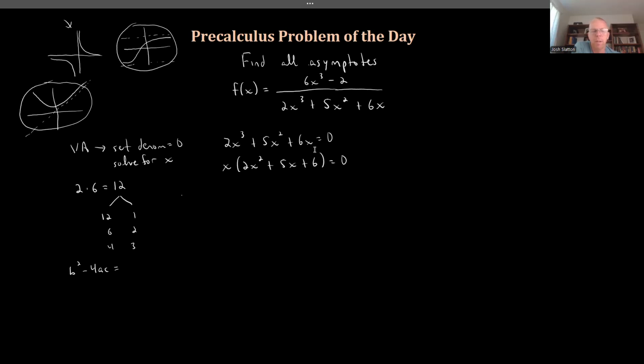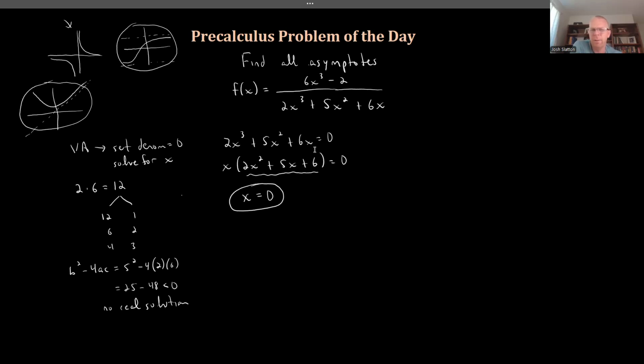So the discriminant would be 5 squared, where a is 2, b is 5, c is 6, minus 4 times a times c, and so this is 25 minus 48. So this is less than 0, which means no real solution. So in fact, this will not factor, and there's no real solution to setting that equal to 0. So the only vertical asymptote in this case would be x equals 0.